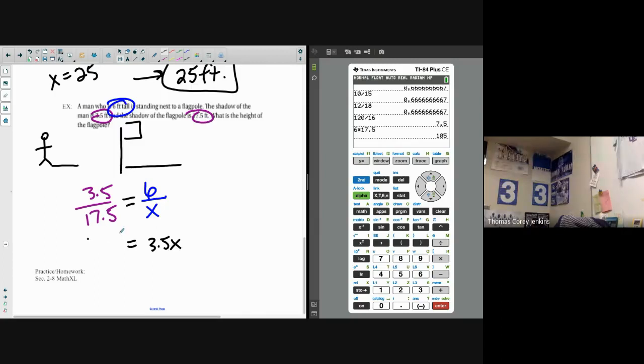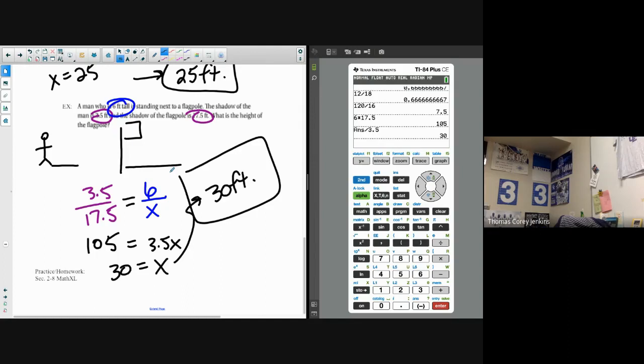So then we'll divide that 105 by 3.5, and we get 30. All right, so 30 is equal to x. Remember what we're finding here: that is the height of the flagpole. It looks like everything's in feet, so 30 feet.